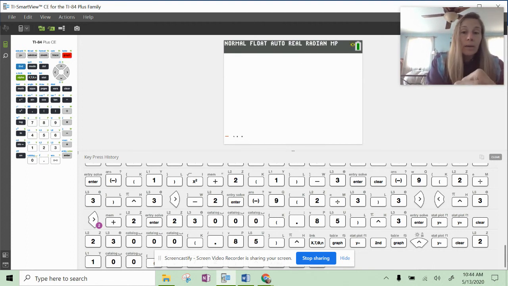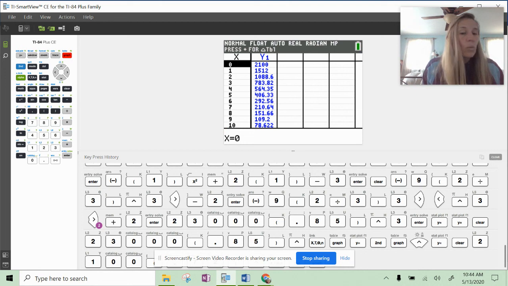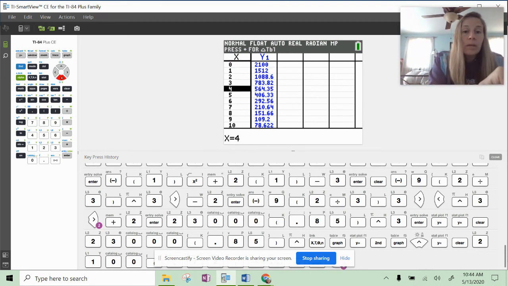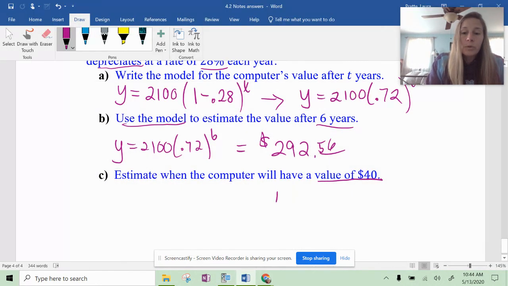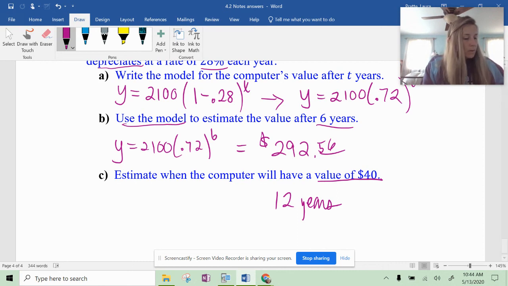Now you're going to go to your table and you want to see when will it have a value of $40. So again, starting at 0, that's the initial amount when you purchase the item. Just use your arrow keys to go through the years until it's worth about $40. So in about 12 years, you can see that the value is about $40. So 12 years. All right.